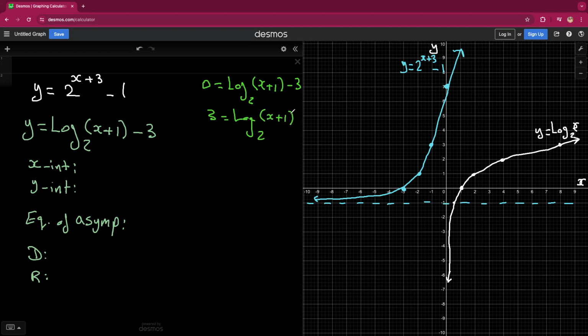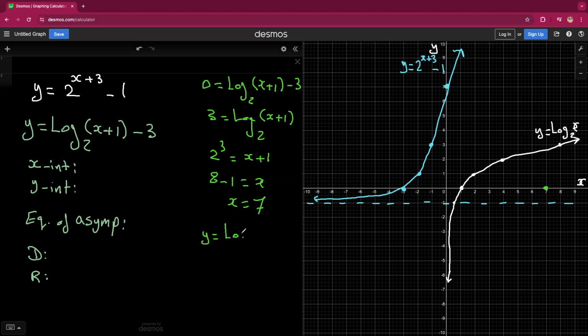And then I want to change this to exponential form, so I go 2 to the power of 3 gives me x plus 1, which is 8, and then move the 1 to the other side, it becomes minus 1, x equals 7. That's the x-intercept. How about the y-intercept? For the y-intercept, all we need to do is just make x 0.